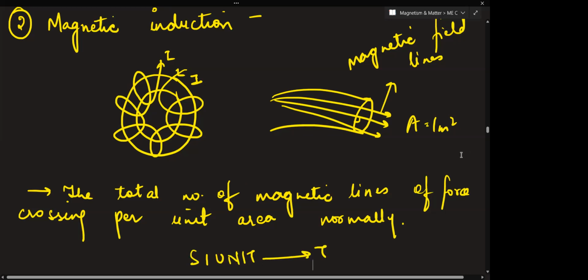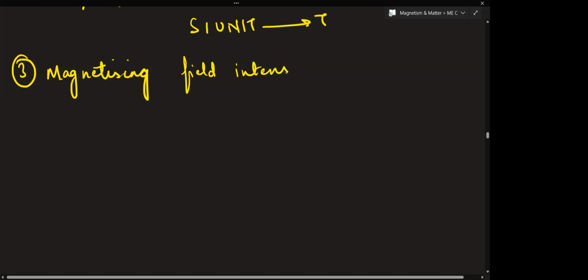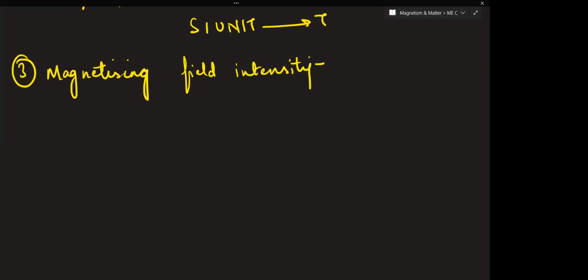Now there's one term that I used in between, the magnetizing field intensity. Two terms are going to come which will be very confusing by name: magnetizing field intensity and intensity of magnetization. These are different. Magnetizing field intensity is used mostly in terms of current.